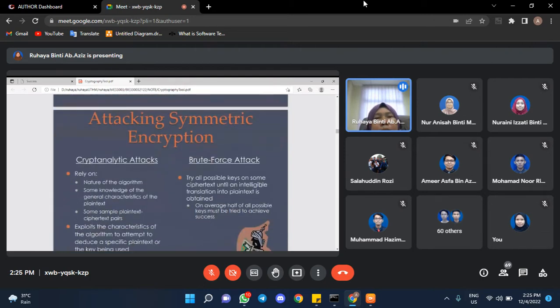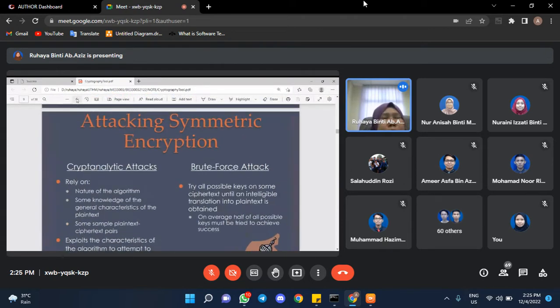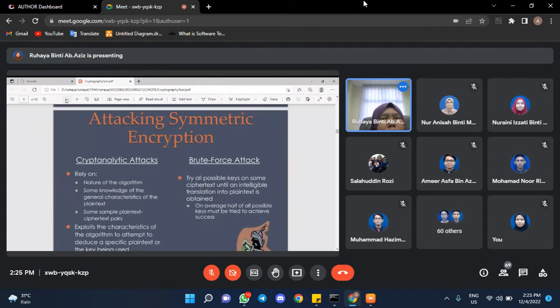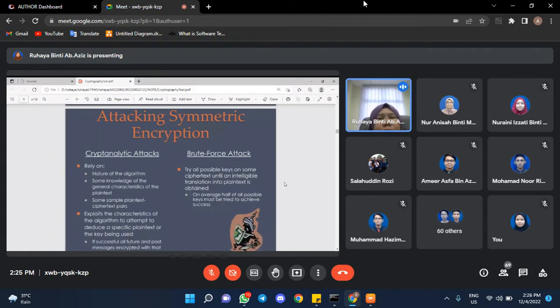Actually, symmetric encryption is vulnerable to cryptanalytic attacks. Because, like I said, when we want to encrypt, we have several cipher algorithms that we can use.